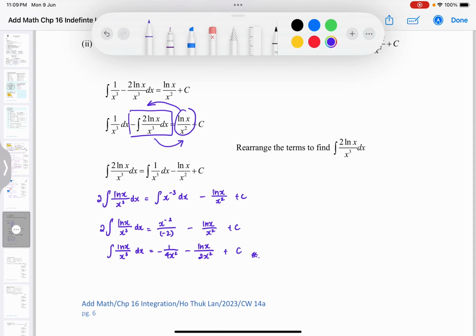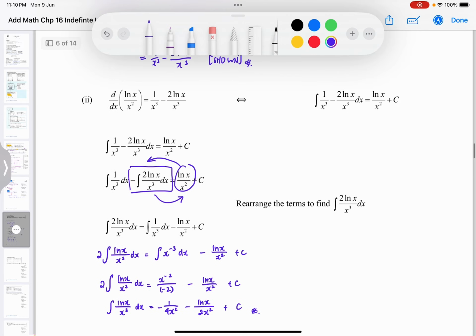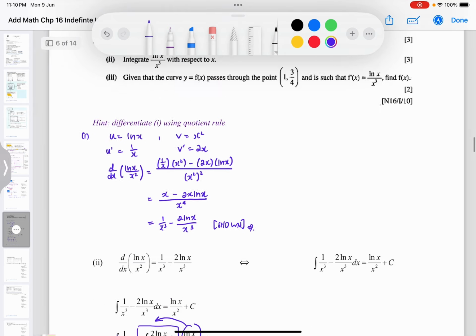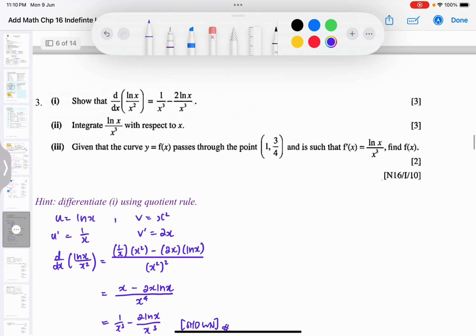For part 3, let me find some space. Okay, I think here should be sufficient. For part 3, you're told, given that the curve y equals f(x) passes through the point (1, 3/4), and such that f prime of x is equal to ln x over x cubed, find f(x).